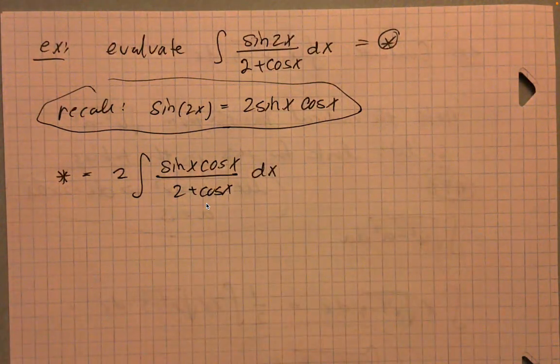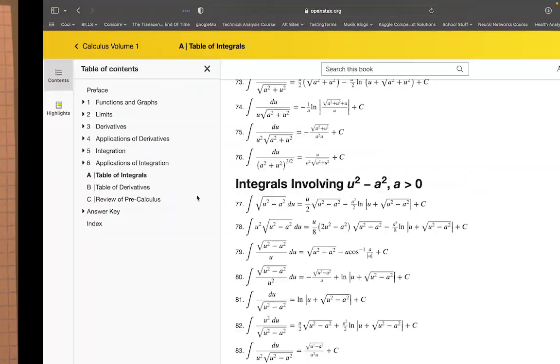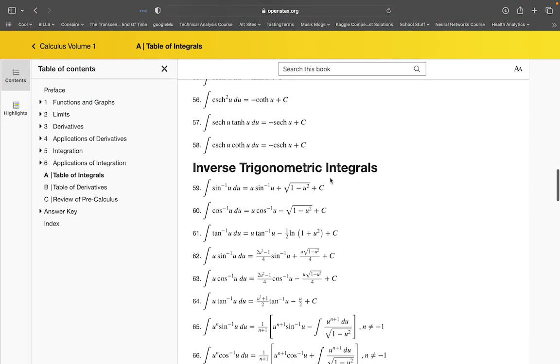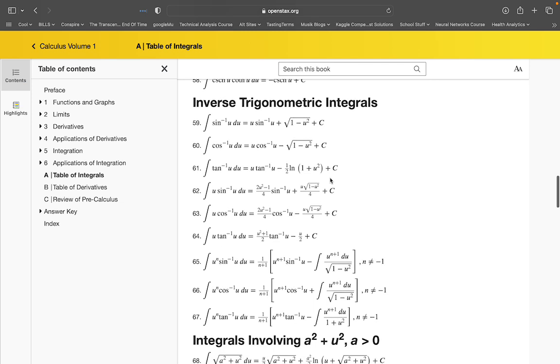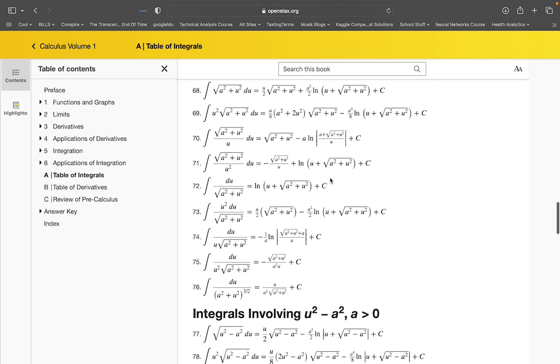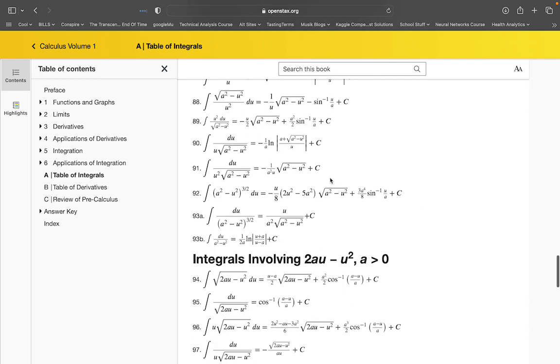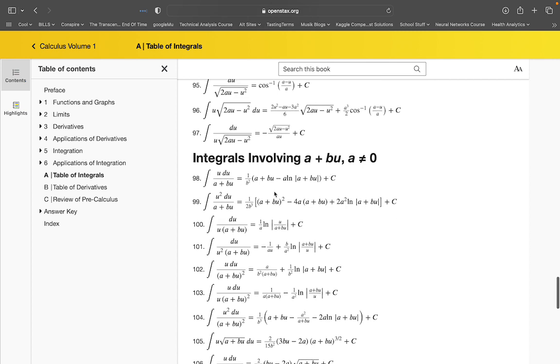dx. Okay. Now notice that really none of the sine cos forms will fit this integral. If we look through some of these trig integrals, we're not in this table anyways. There's no direct sine cos example. But if we scroll down a little bit, we do see something at number 98 that maybe wouldn't be obvious right away.